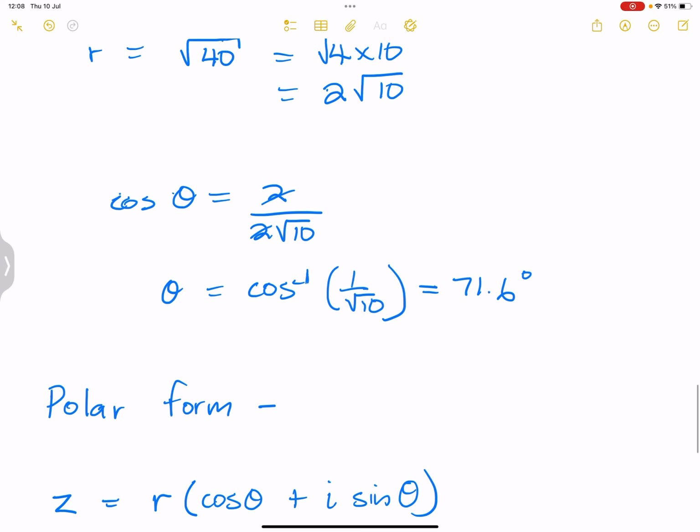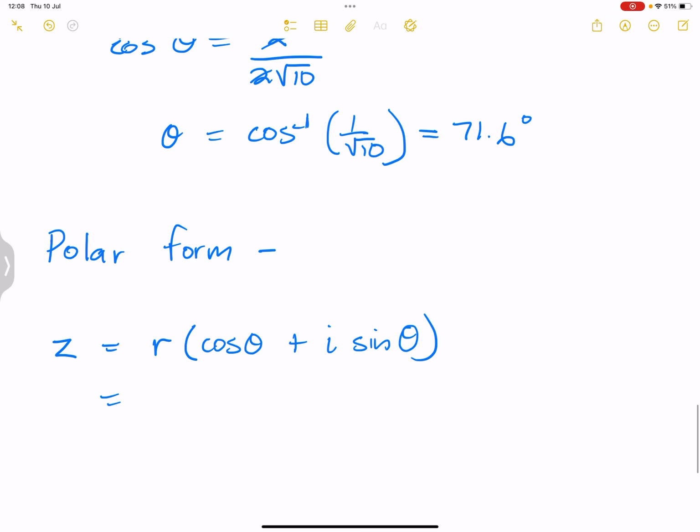Our R value, 2 root 10, into cos 71.6 degrees plus i, the sine of 71.6 degrees. Right, ladies and gents, that is what it looks like.